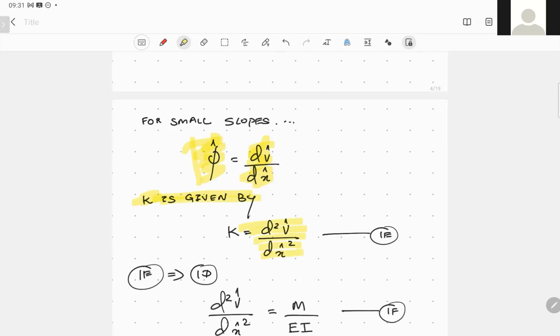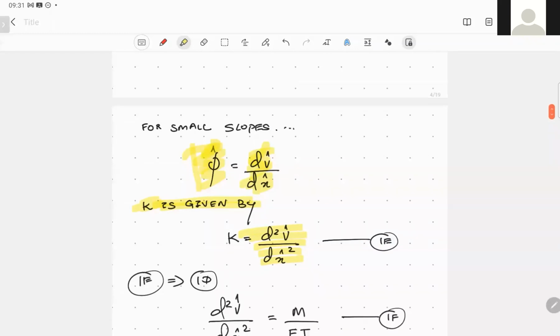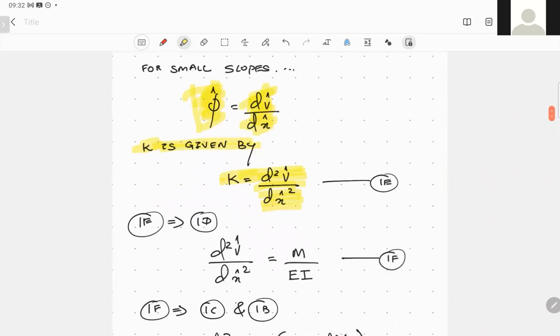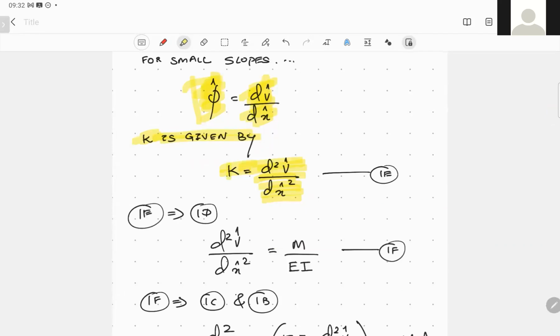For small slopes, the curvature can be defined using the second derivative of the transverse displacement in the x hat direction.